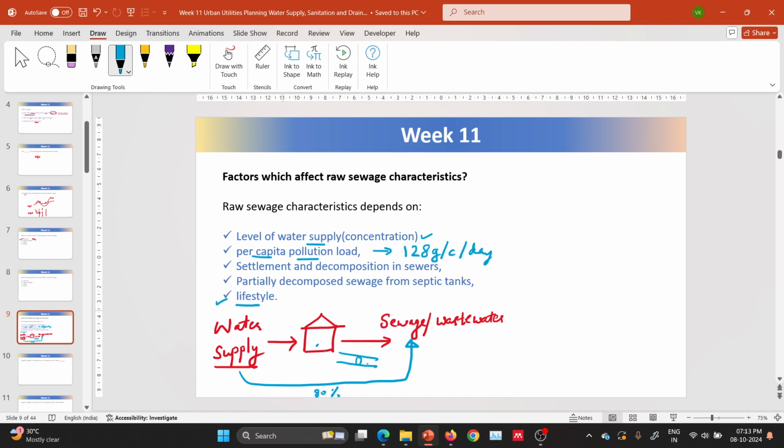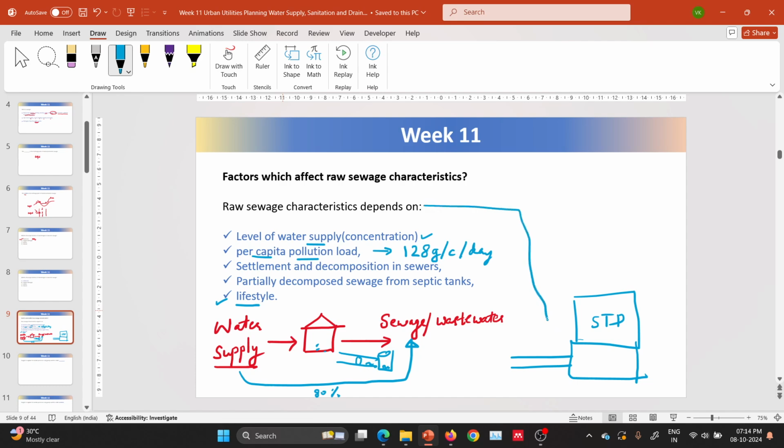How much settlement there is in the sewers and manholes also decides the characteristics. Let's take the example: this is the home, and this is the STP, the sewage treatment plant. These characteristics are measured here, which is why all those factors come into account.